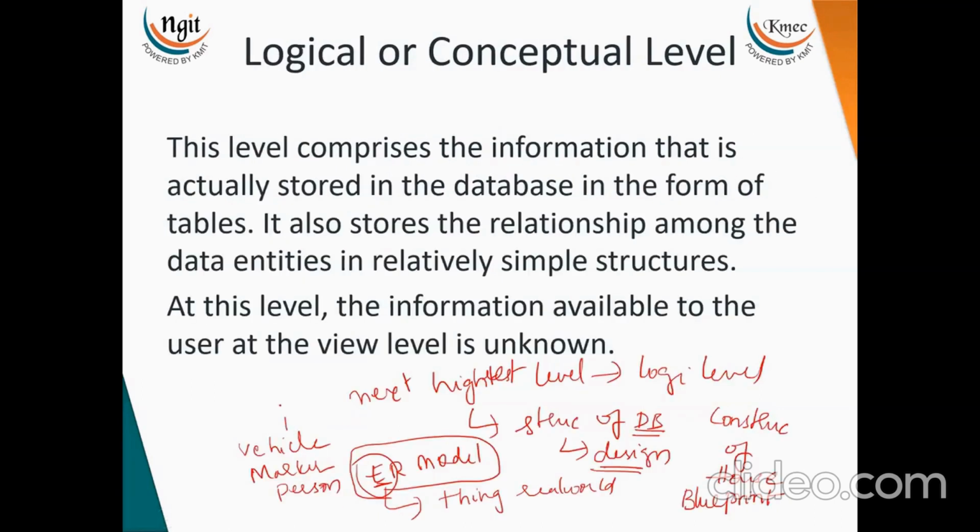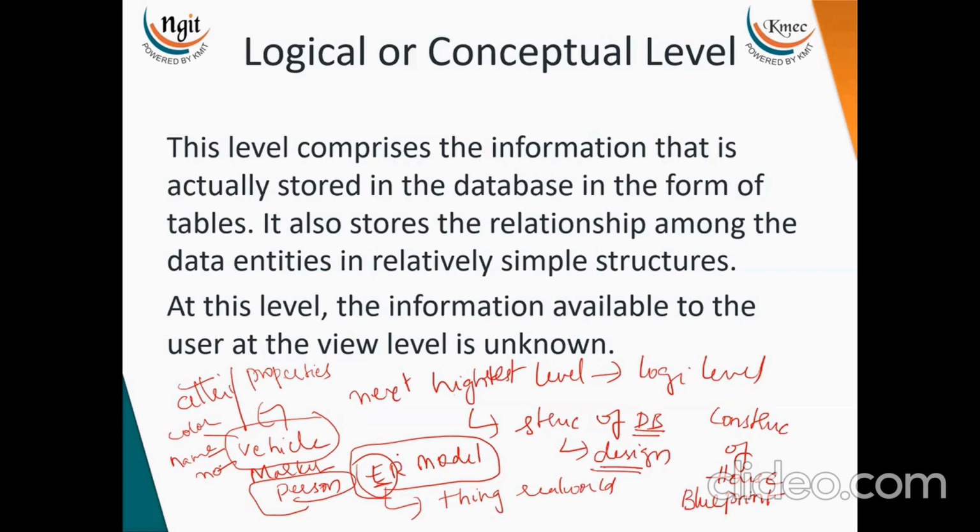Here, every entity has several set of attributes, which you can call properties. If I consider vehicle as an entity, then what are the attributes that are present for a vehicle? The color of the vehicle, the name of the vehicle, and what is its number.